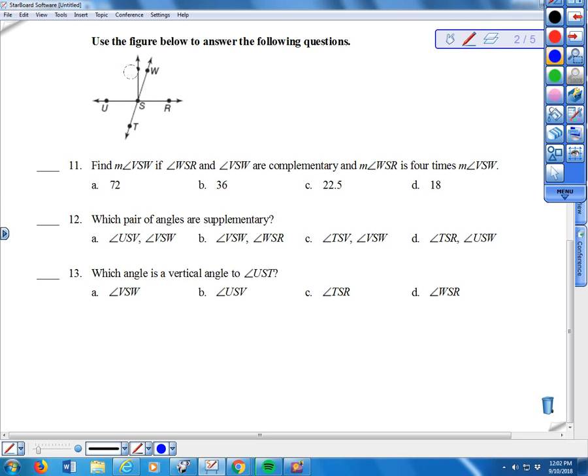So really, this whole thing is a right angle, right? And it says WSR is 4 times the measure of VSW. So let's call VSW x. How would I write WSR in terms of x? It's 4 times 4x. And I know altogether those two angles add up to be 90.